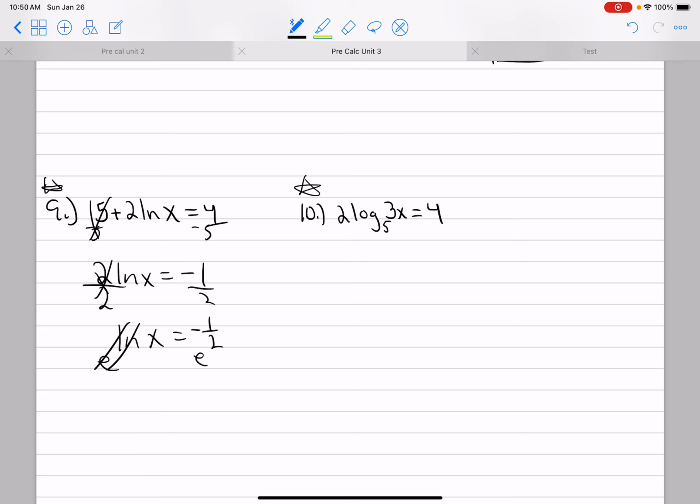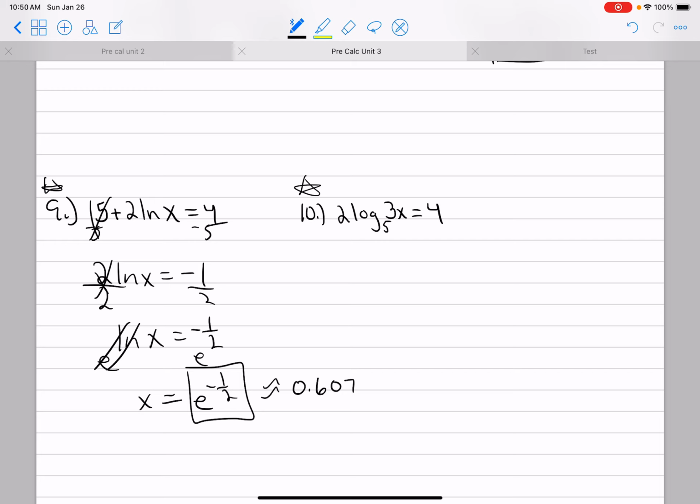So x equals e to the negative 1/2. You could probably keep it there. If you want to see what that is, e to the negative 0.5 is approximately 0.607.